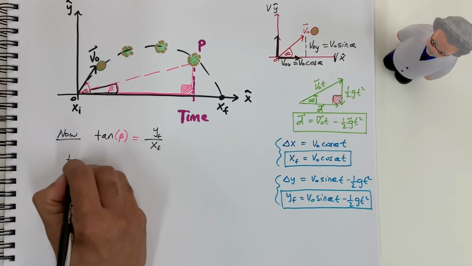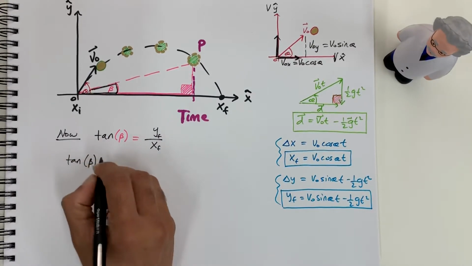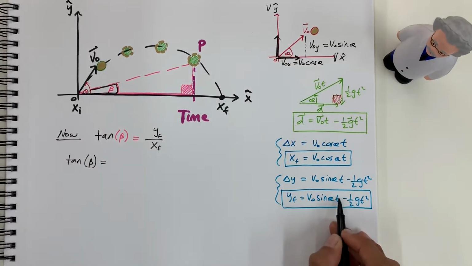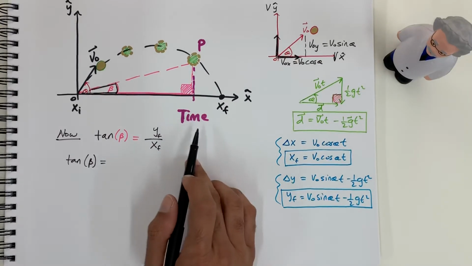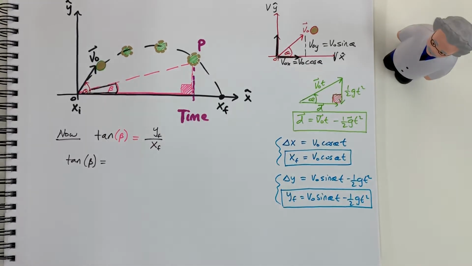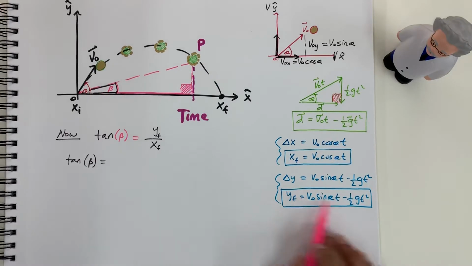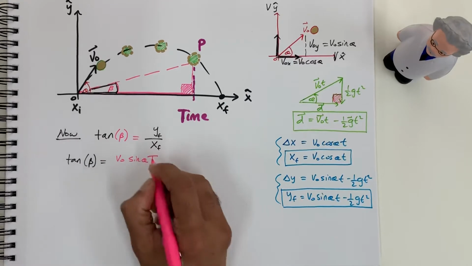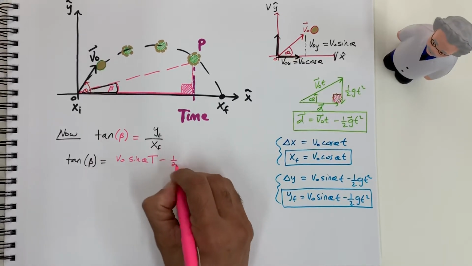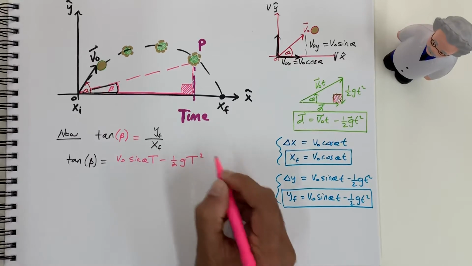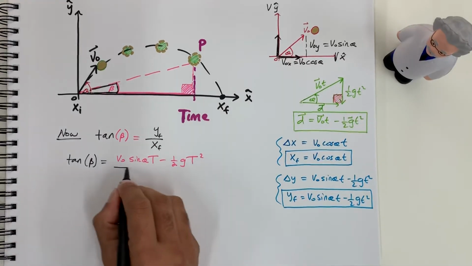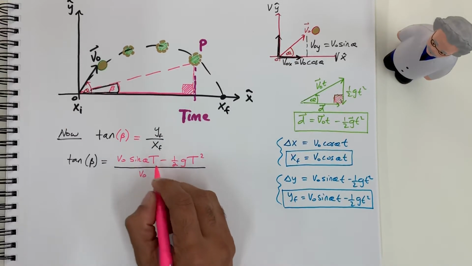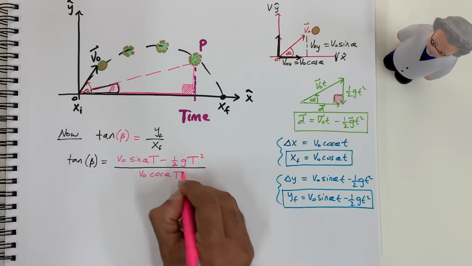So we have tangent of beta is going to equal, on the top we have y, and we're going to change all these t's into the big T for final time. Okay, so we have the y that goes on top, v initial sine theta big T, minus 1/2 g big T squared. Okay, and that is over x, which is here. So we have velocity initial cosine theta big T.